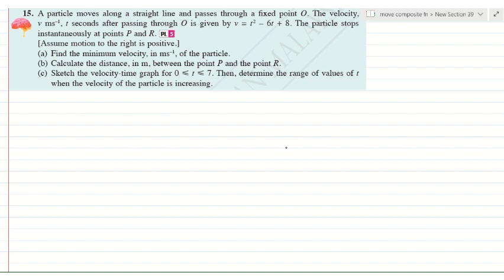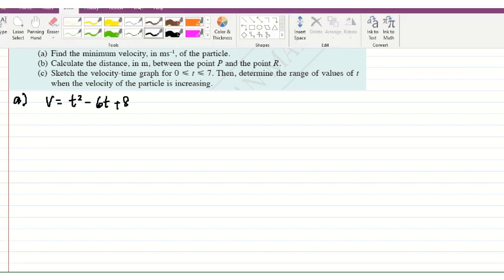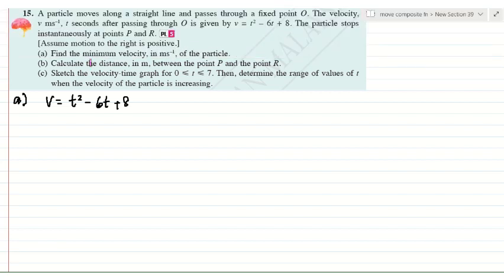Okay, question A, find the minimum velocity. We are given that the velocity function is t square minus 6t plus 8. And then find the minimum velocity of the particle. What is the formula that relates to minimum velocity?